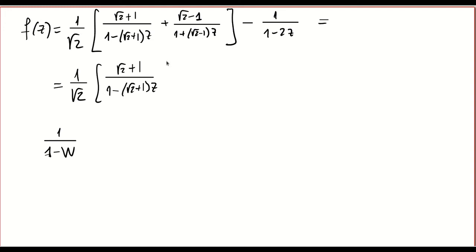But this one doesn't, because there is a plus here. But there's an easy way to change this plus to a minus. We can just reverse these two terms and put a minus, okay? So if we do that, what we have here is 1 minus square root 2 times z. And if I put the same factor here, 1 minus square root 2, then I have to put a minus here instead of a plus, right? And then I have 1 over 1 minus 2z.